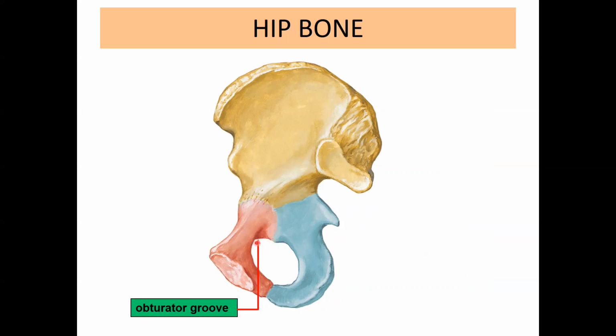At this region, it is not covered by the obturator membrane, and the obturator vessels and nerve pass through this obturator canal. Once the obturator foramen is covered by the obturator membrane, this area is left open, which we call the obturator canal.